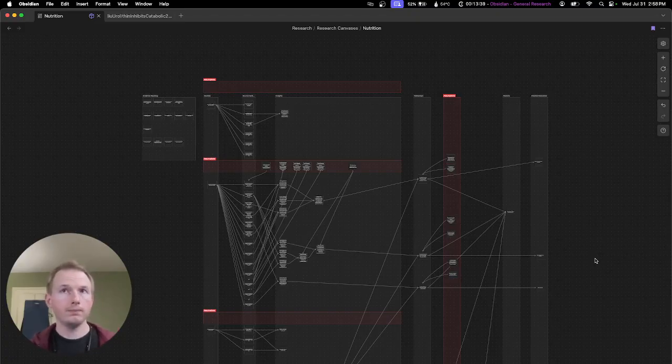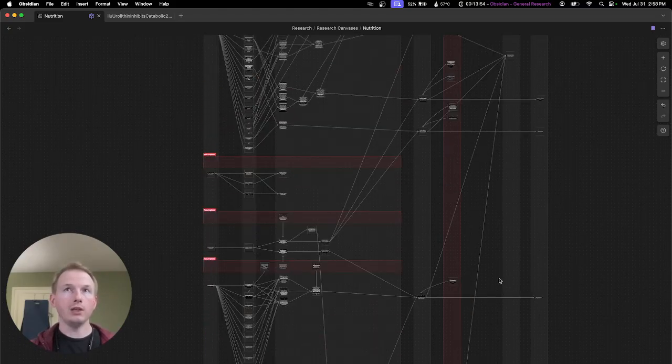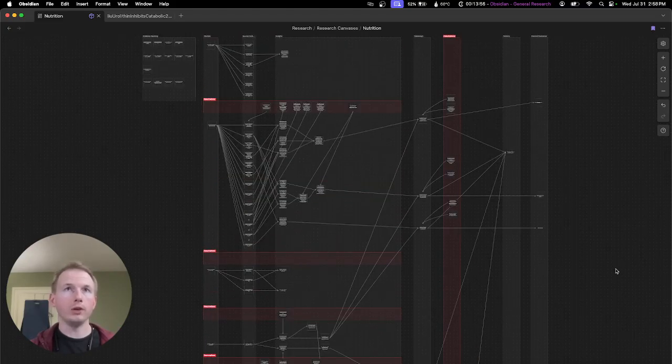So anybody that's actually tried to put together and play with the system that I was using quickly notices just how unwieldy it becomes. So very difficult to navigate. You can see there's arrows going everywhere.